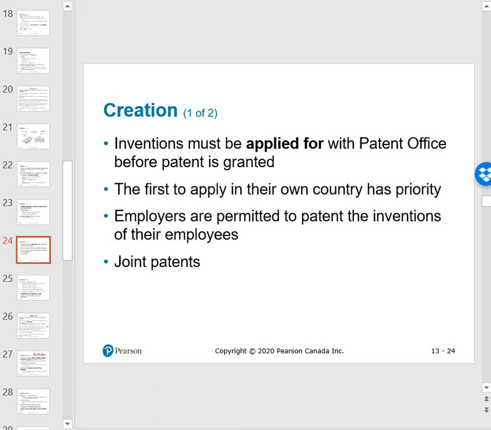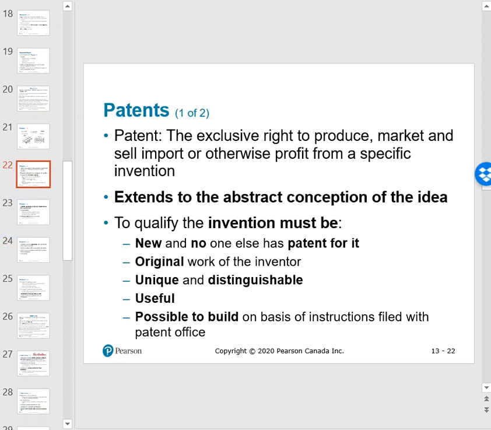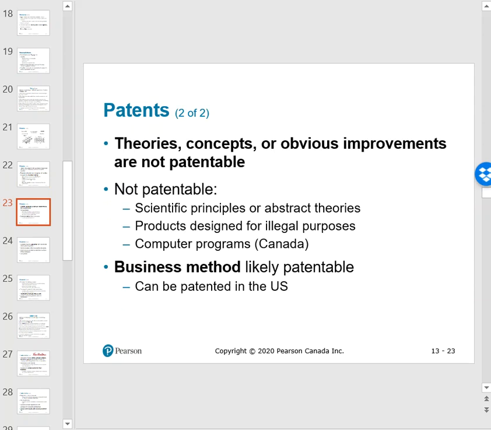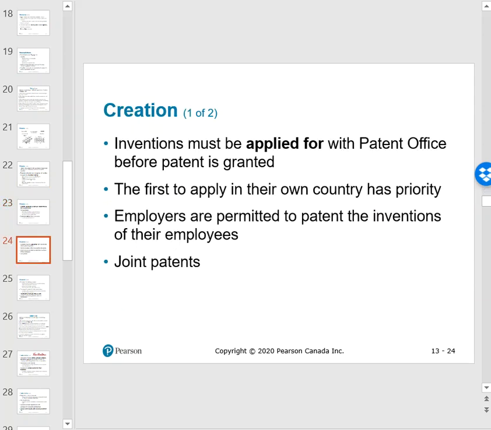And then the patent office, among other requirements, will go through those requirements I mentioned to you. Is this actually new? Is it true that no one has a patent for it? Is this original, unique, distinguishable, useful, etc.? And then if they understand that the application meets the requirements, then the patent will be granted.